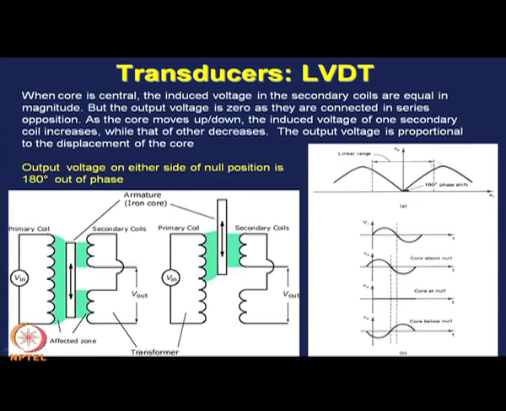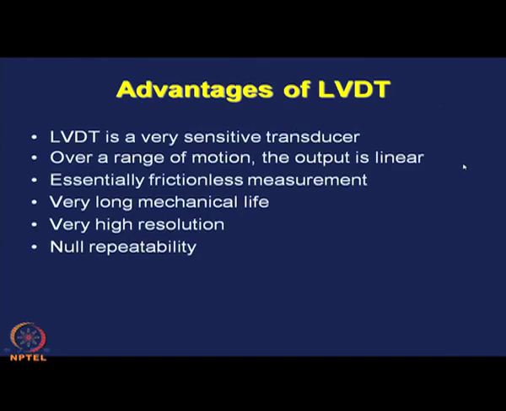So, you have a linear range. It offers essentially frictionless measurement. It has very long mechanical life. It has very high resolution. It also has good null repeatability.